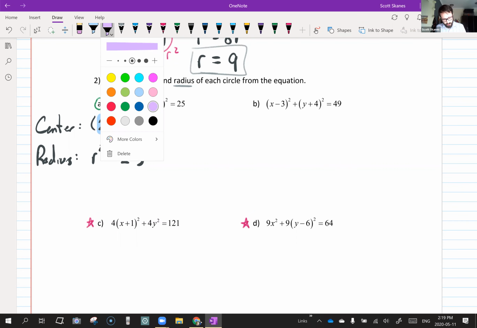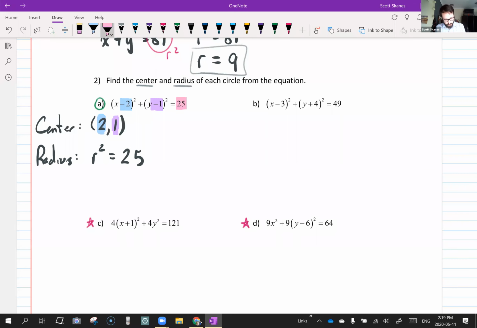Once again, if you're not sure exactly where that came from, that's r squared. And r must be the square root of that, which is 5. So that's our two answers, actually. That's our center. That's our radius. These are simple. This is like 3 marks if you're ever given questions like this.